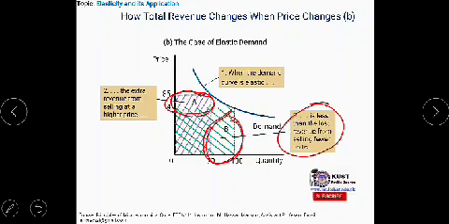So when the substitutes are not available, if this firm increases the price, in that case, they will increase their total revenues. Let me repeat it again. If the firm is having a product which is having inelastic demand, in this case, if the firm increases the price, the total revenues will increase.